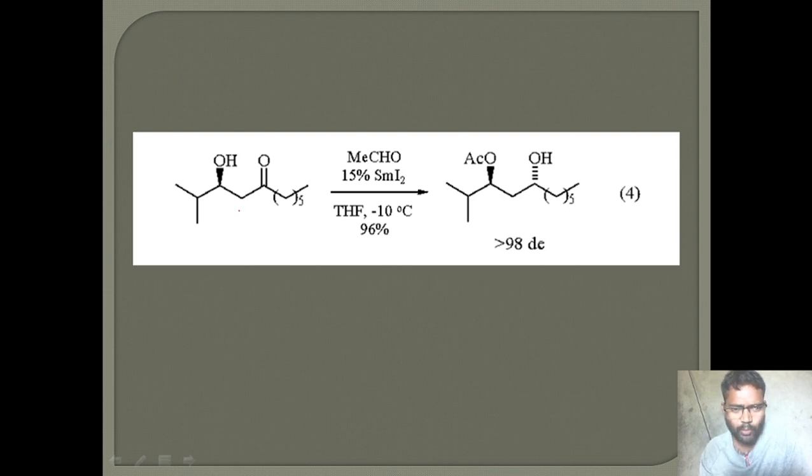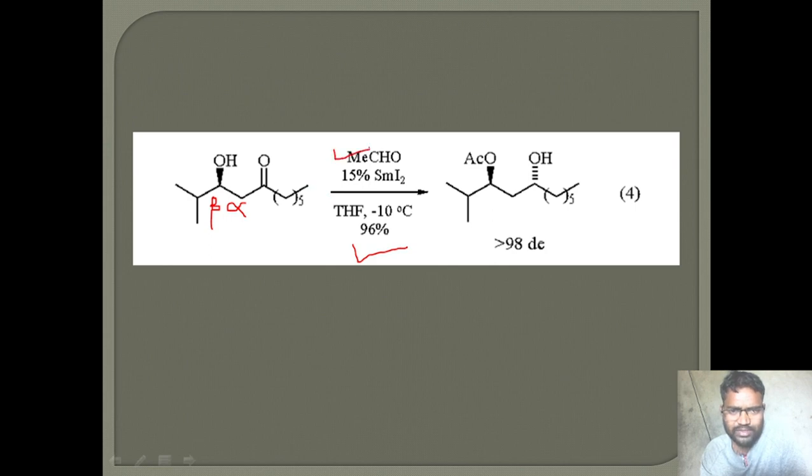First of all, this is the alpha carbon and this is the beta carbon. The beta carbon contains a hydroxyl group, so this is an alpha beta hydroxy carbonyl compound. So what is the reaction condition?